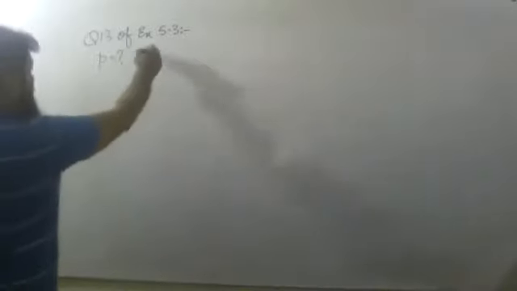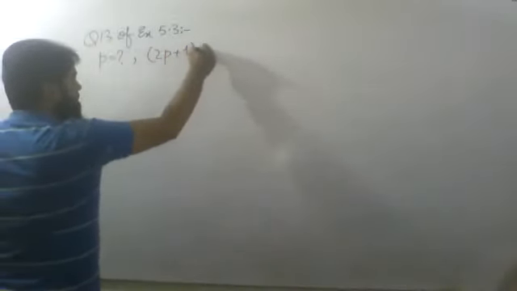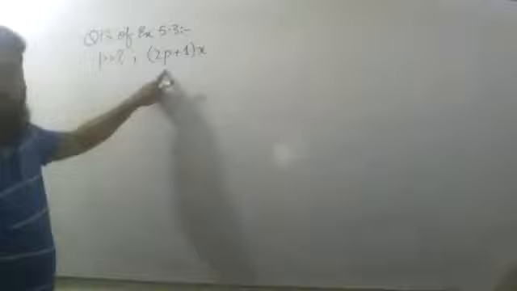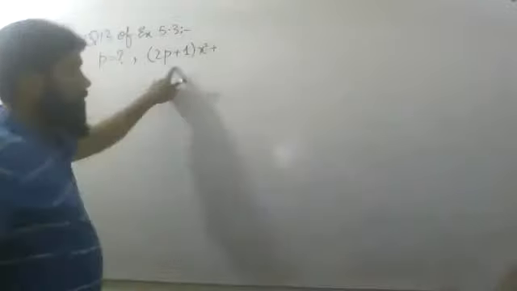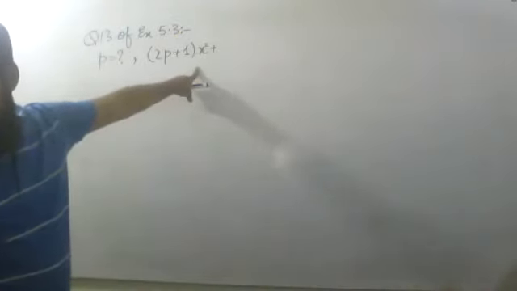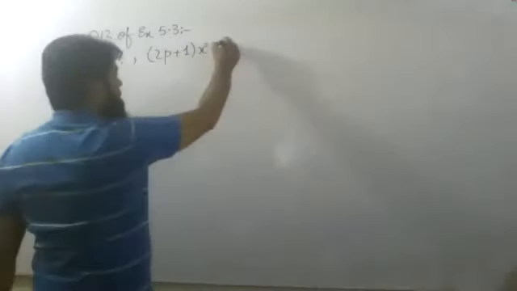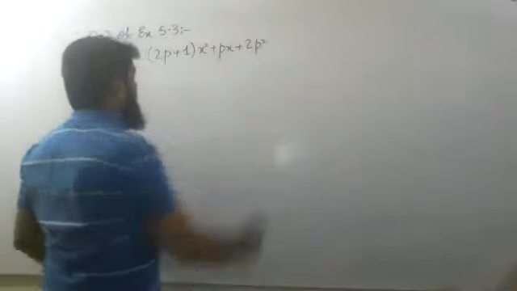Given polynomial, what is the polynomial given to me? 2p plus 1, x squared plus px plus 2p squared.